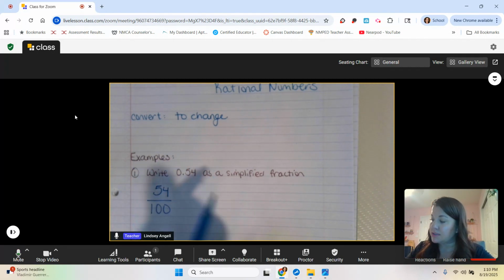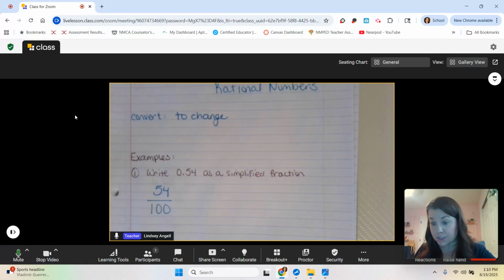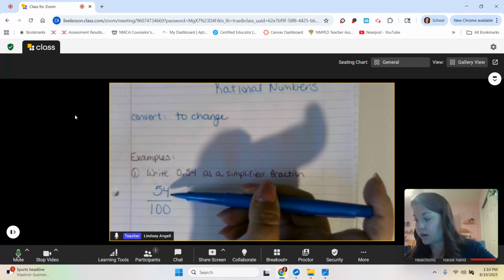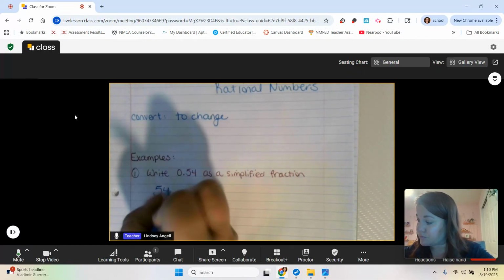It does say write as a simplified fraction, so I've written it as a fraction. That's step 1. Now I need to think, do 54 and 100 have anything in common? They do. Right off the bat, I noticed that one ends in a 4 and one ends in a 0, which means 2 can go into both of them.